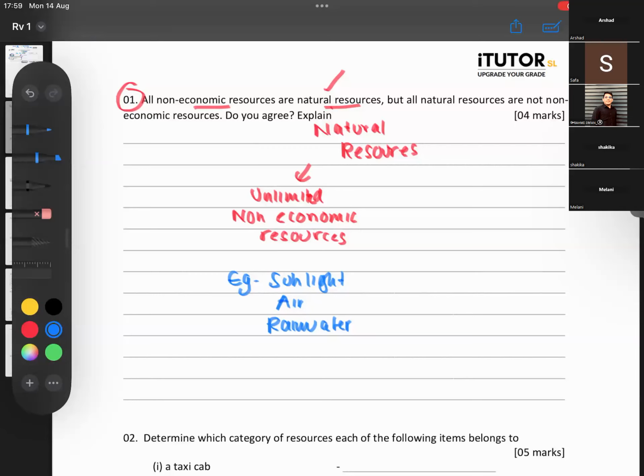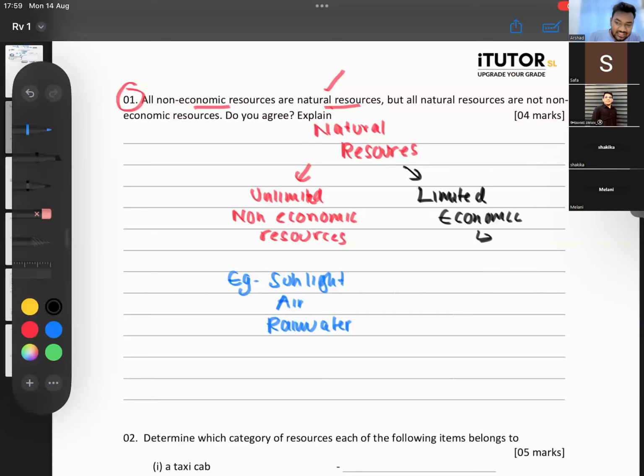So what can you tell about the other side of this? If you take natural resources, there are certain natural resources that are limited in supply. What do we call these?